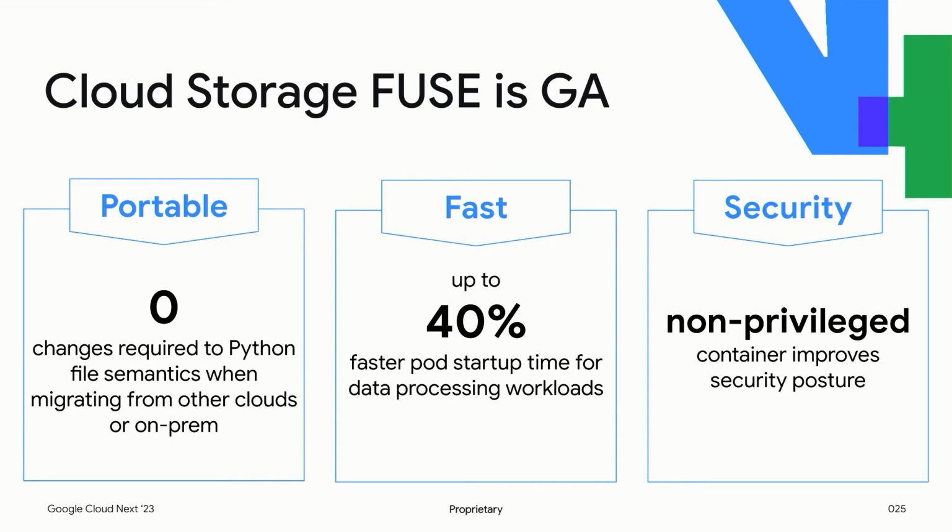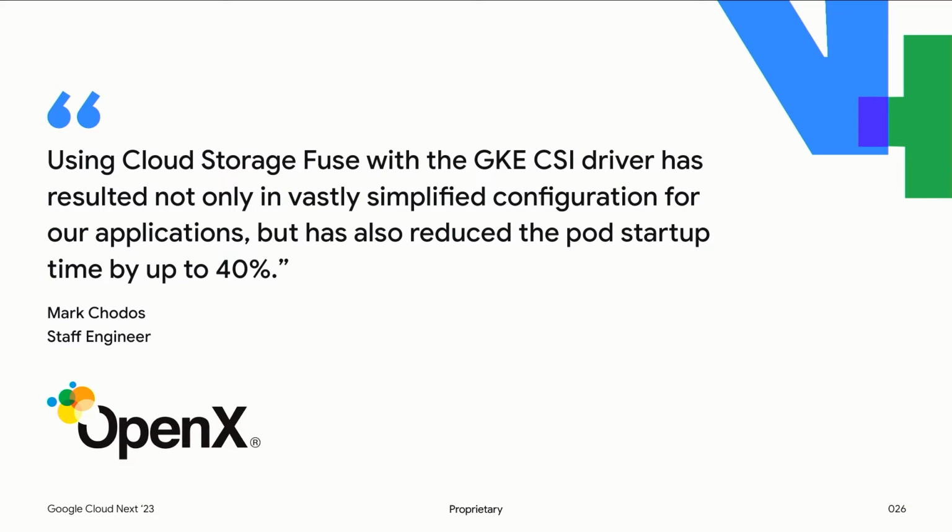GCS FUSE can also speed up your application by allowing it to load data and start processing that data before all data has finished loading. Customers like OpenX are already using GCS FUSE with GKE and have found it vastly simplified configuration of their applications and accelerated pod startup time by up to 40%.